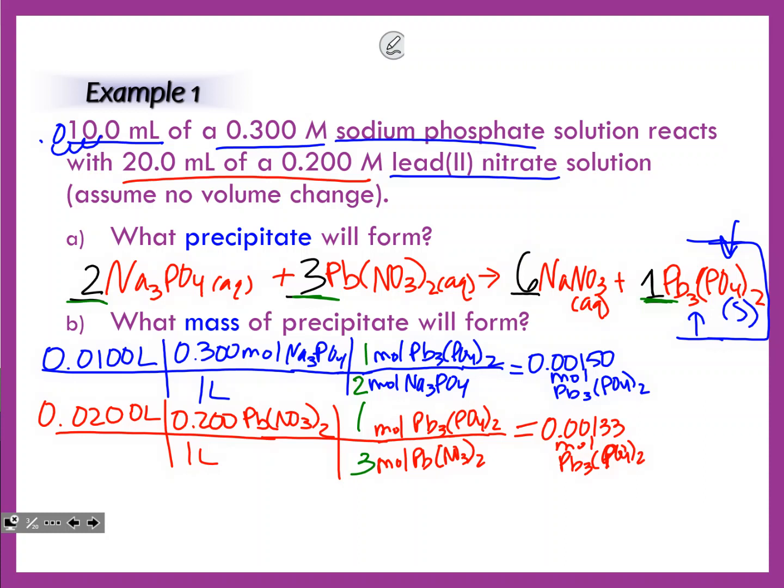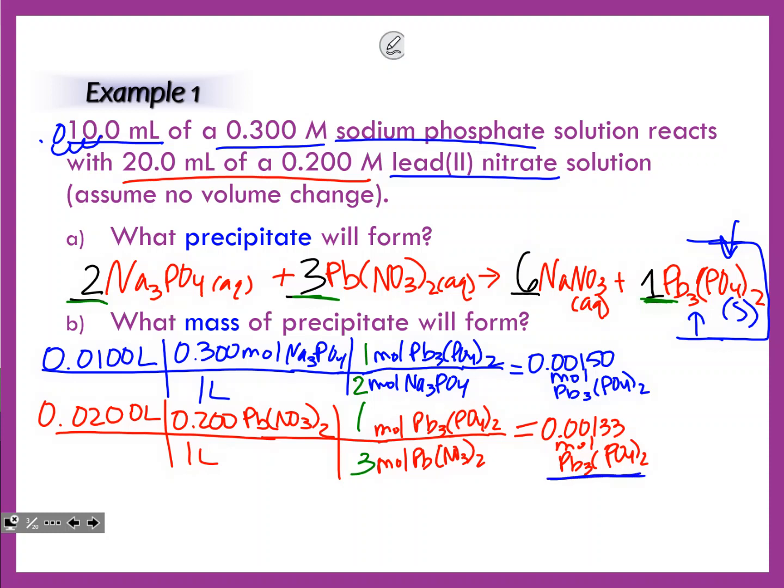Which one is our theoretical in moles? Top or bottom? The bottom, okay?